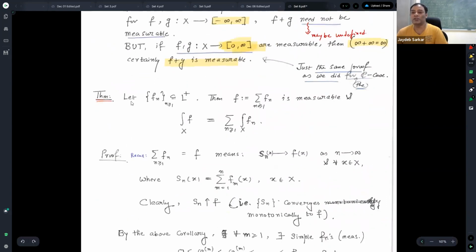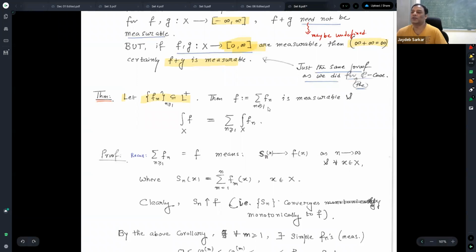Here is a theorem which is just an application of MCT, but very, very important, and you are going to face this again and again. It is now even more general, the setting is more general. So again you start with a sequence of measurable, non-negative functions, and you consider f to be the sum. Since infinity is allowed, you are free to talk about all these things.